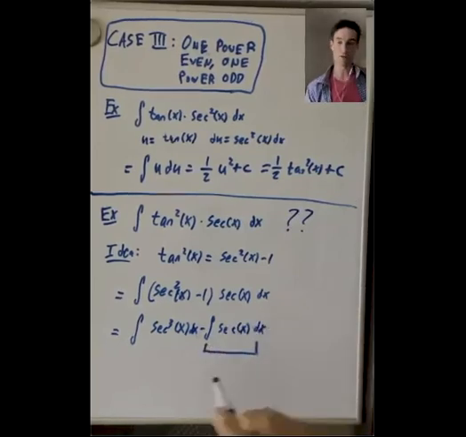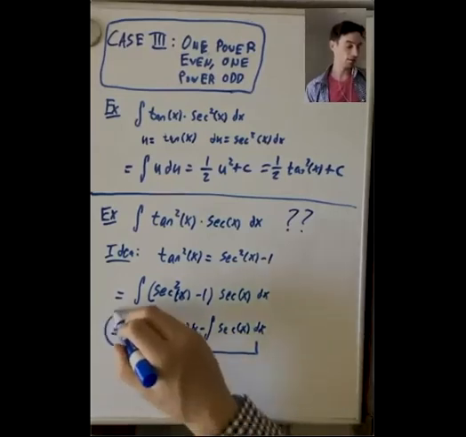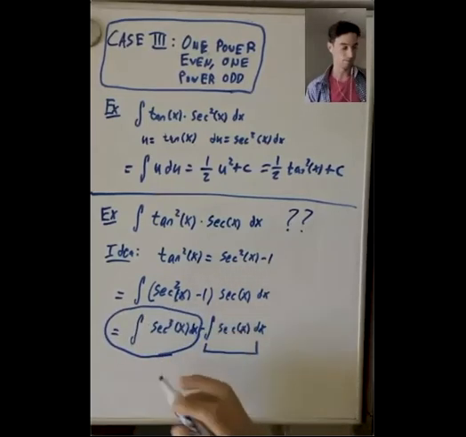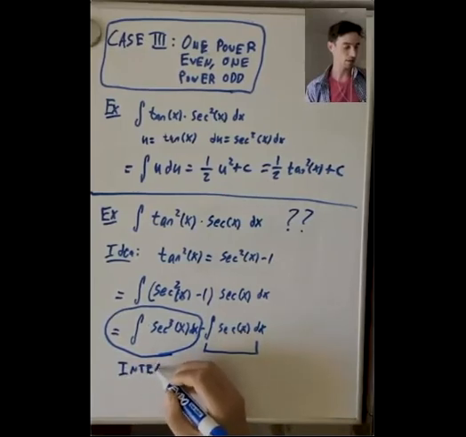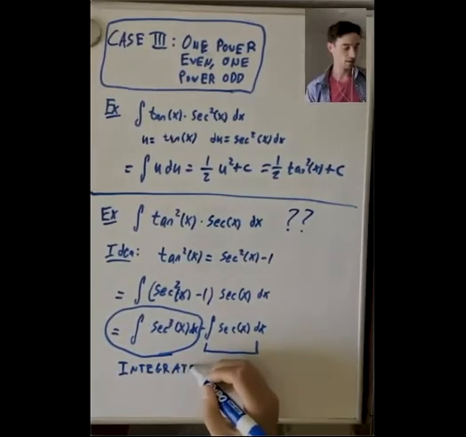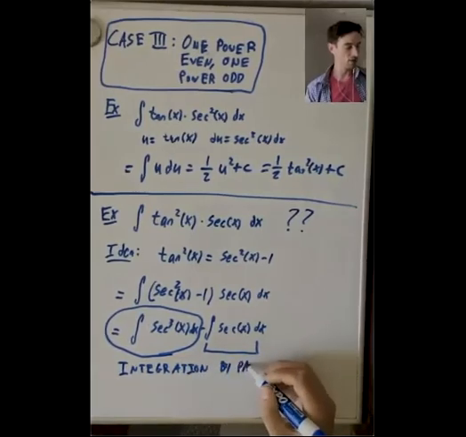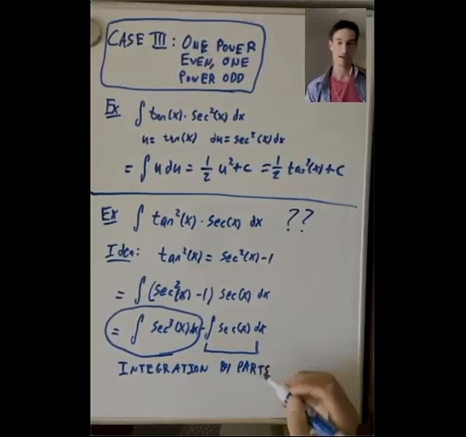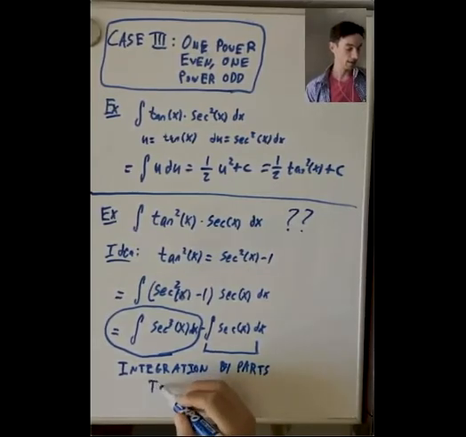This one we know from the beginning of this video, but the integral of secant cubed is quite tricky. This actually works with integration by parts, where you let u equal secant and dv be equal to secant squared x dx, but it's tricky.